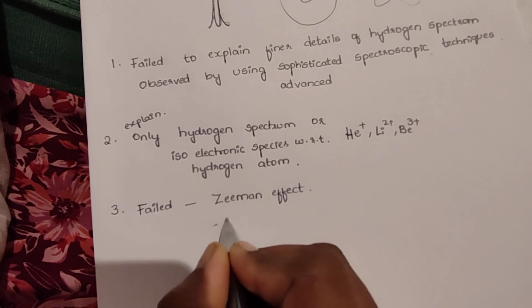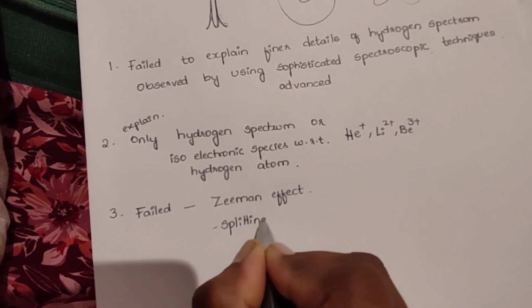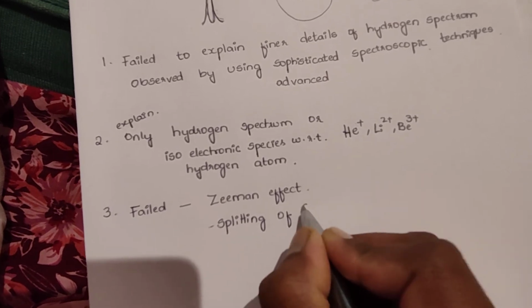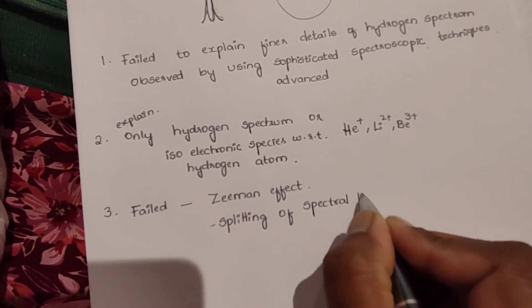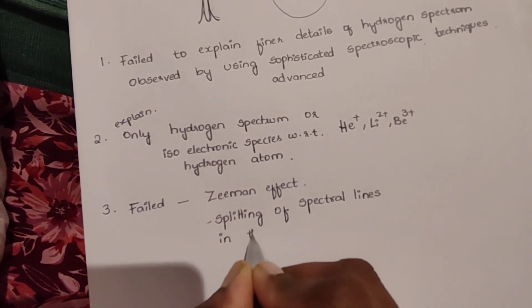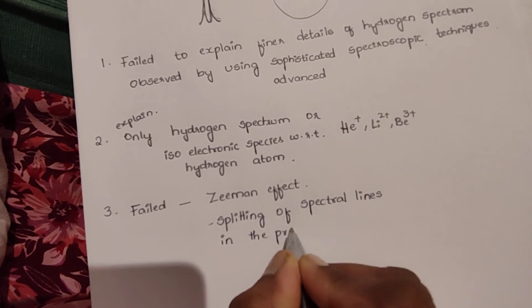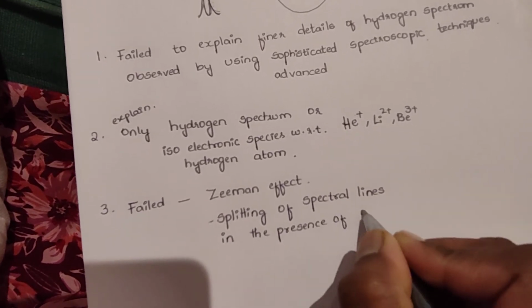Zeeman effect means splitting of spectral lines in the presence of magnetic field.